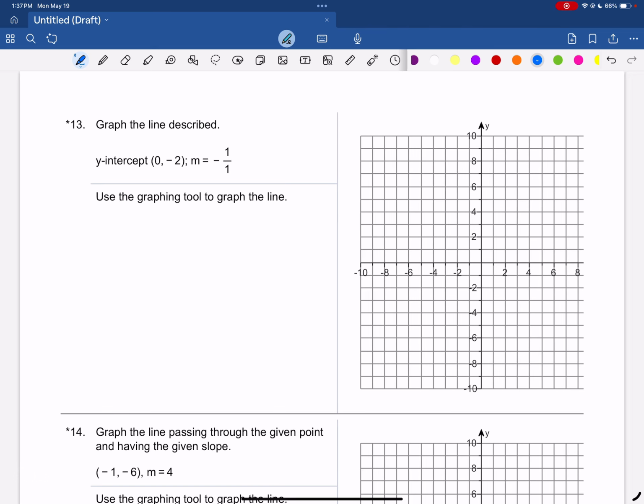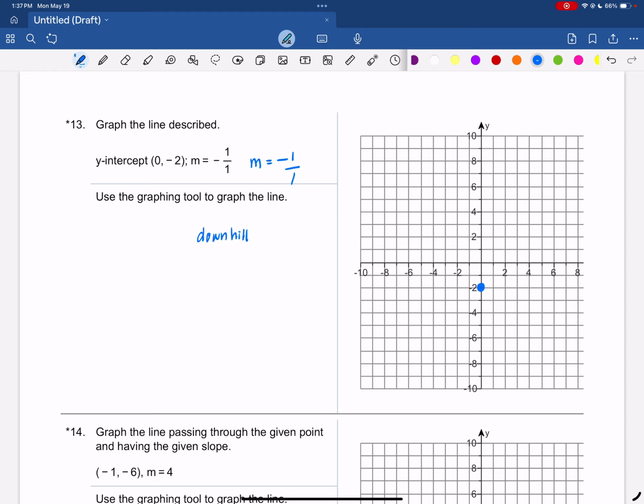Example 13. Our y-intercept is 0, negative 2. And they gave us a slope of negative 1 over 1. Now, that could just be written as negative 1, but they want you to realize it's got a denominator also. So this is going to be going downhill, remember, because it's negative.